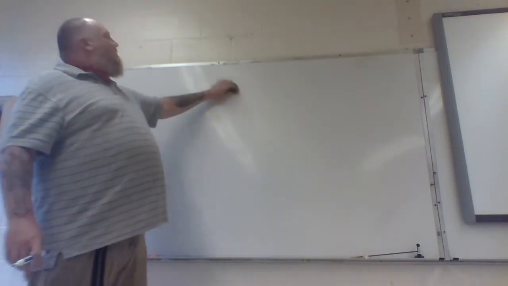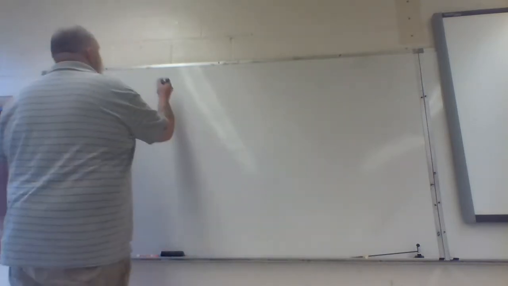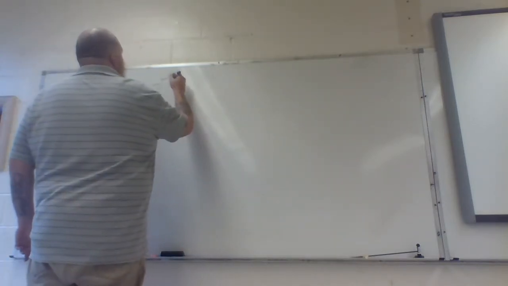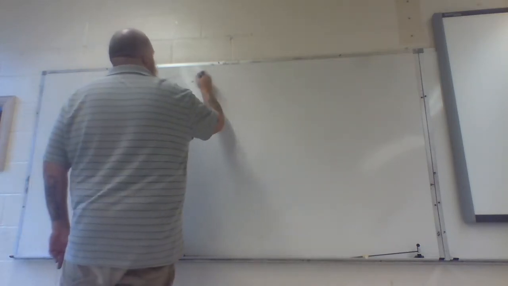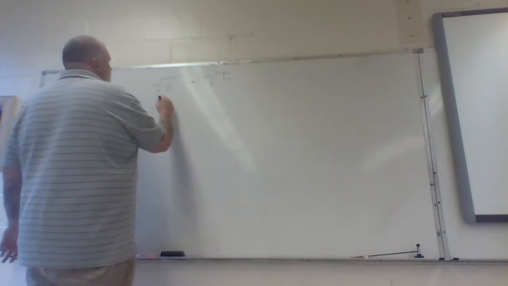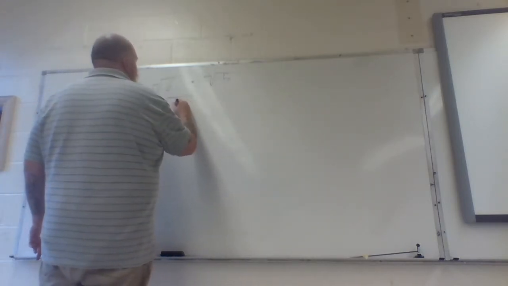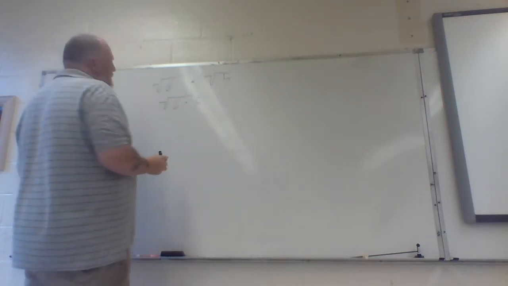All right, so let's work another one that's not going to come out to be itself. Let's do square root of 6 times square root of 5. So next step is going to be put them together, and you've got the square root of 6 times 5.